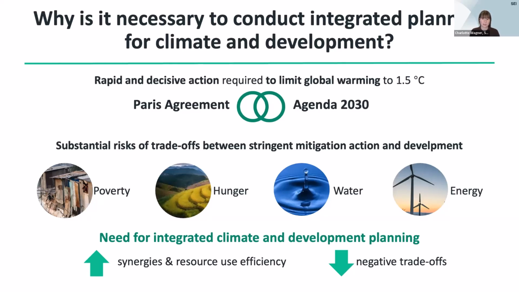And so focusing that on areas where we can achieve the greatest benefit is extremely important. And then finally, to avoid and minimize negative trade-offs that might occur by pursuing climate mitigation, for example, at the cost of sustainable development.